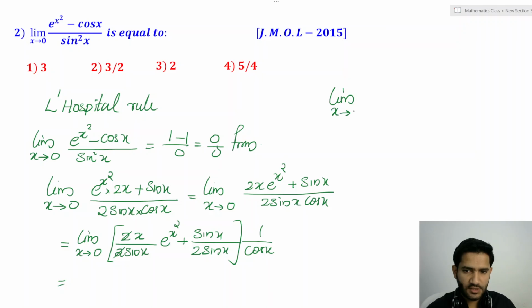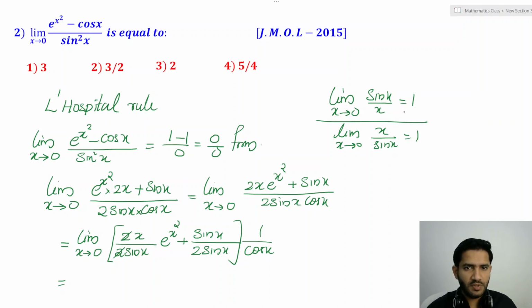The limit as x tends to 0 of sin x by x equals 1, and we also get the limit of x by sin x, which is the reciprocal, so it should be 1 by 1. We get the same limit 1. Here we can also cancel sin x and sin x.